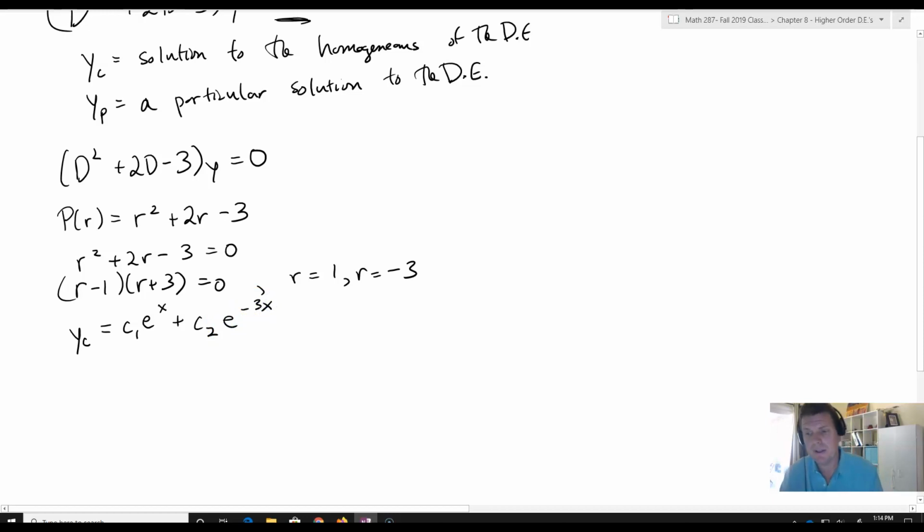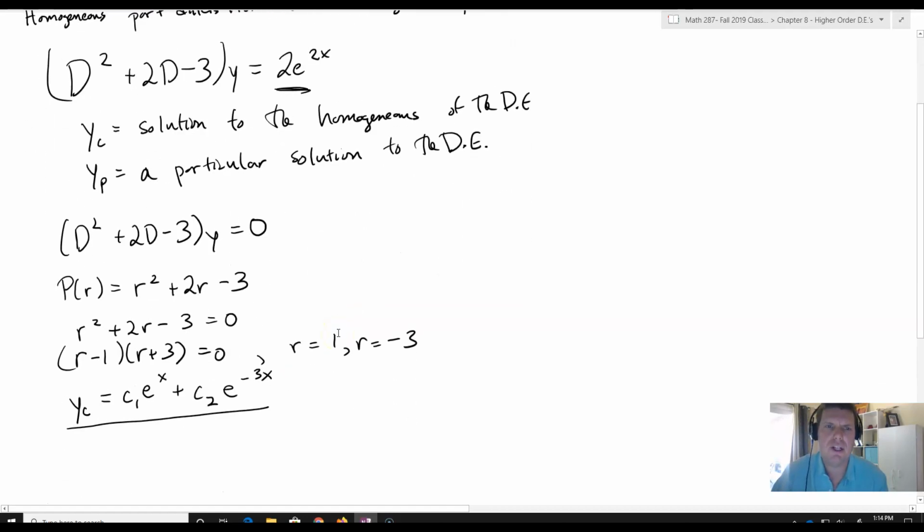Okay? And I'm not exactly going to set that aside, but we're not going to use that so much for the non-homogeneous part, at least in this case. Now I'm going to look at that non-homogeneous part. So my f of x is equal to 2e to the 2x.